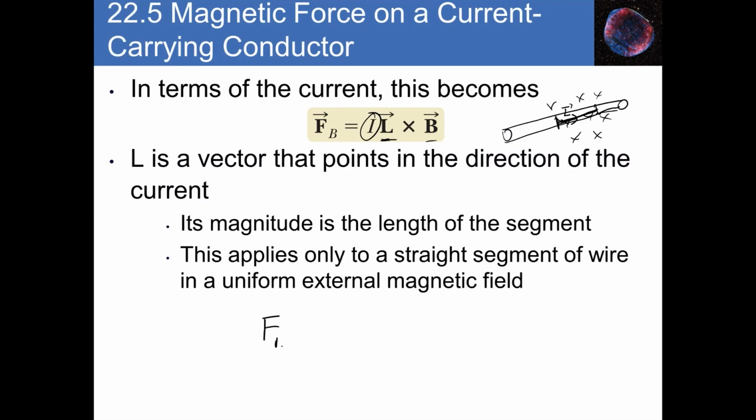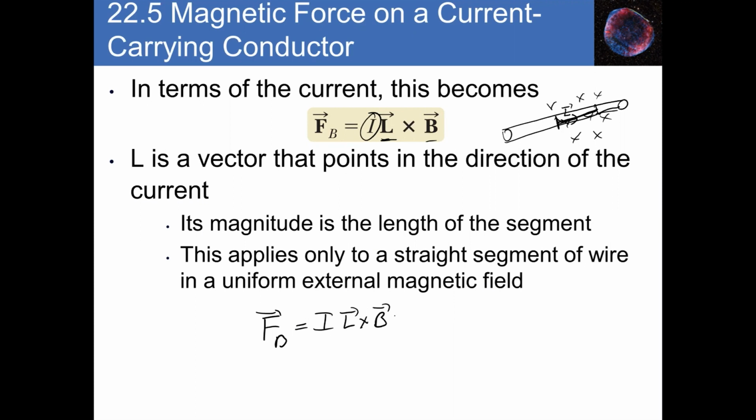So we can say the magnetic force on that wire due to the external magnetic field is the current in the wire times the length of the wire that is inside that magnetic field, cross the magnetic field.